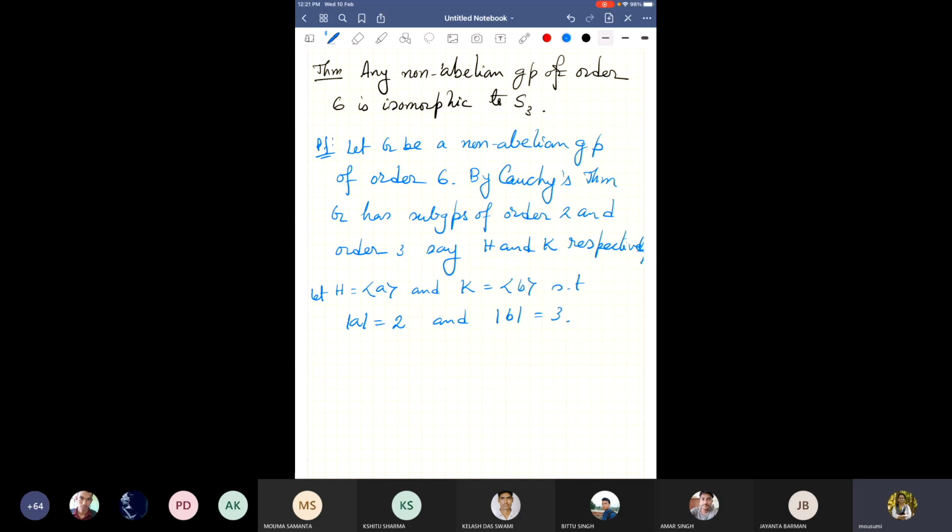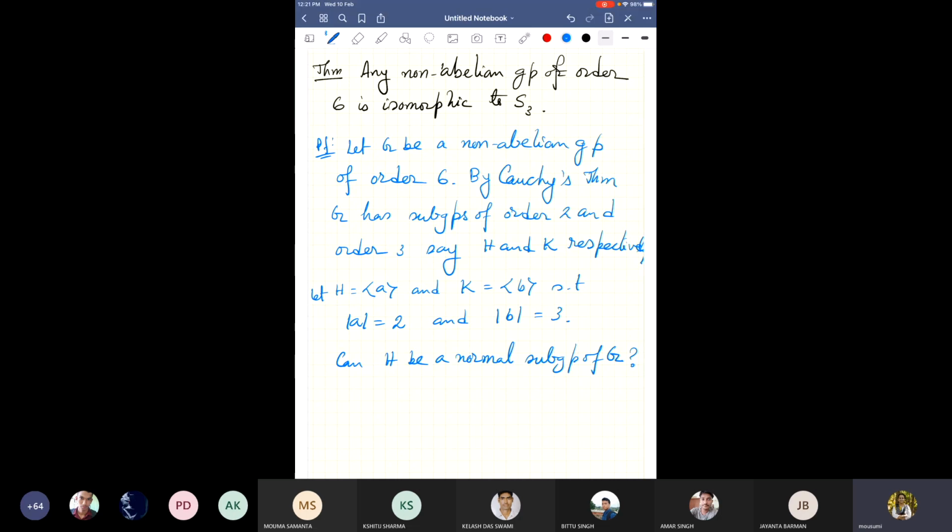Okay, so now this H, can it be a normal subgroup of G? This is the question.